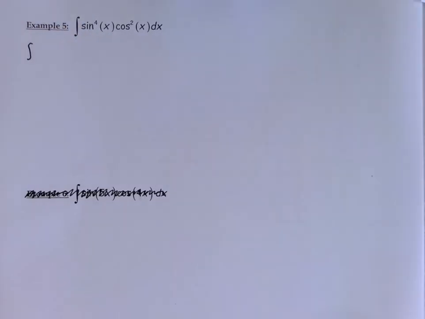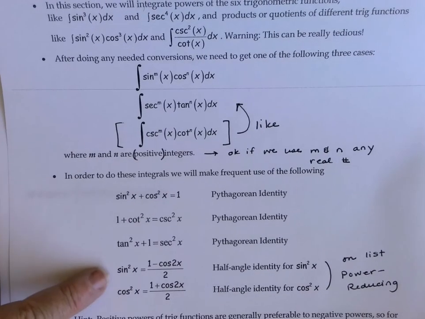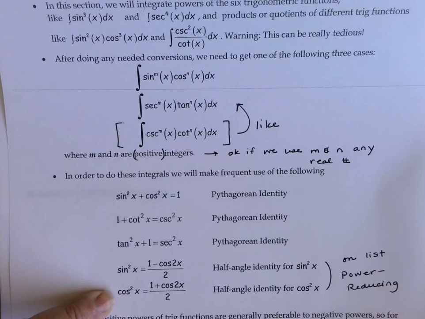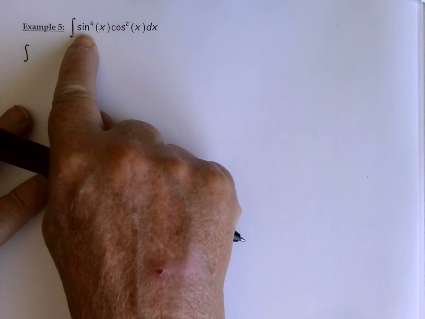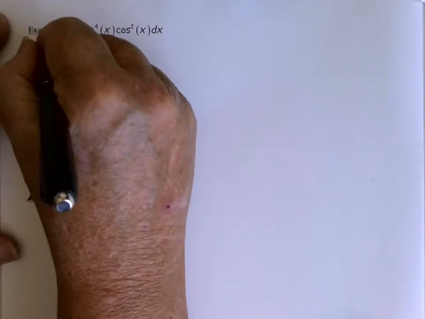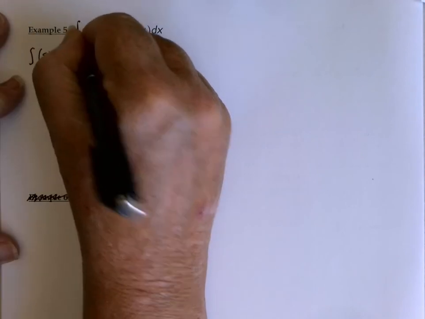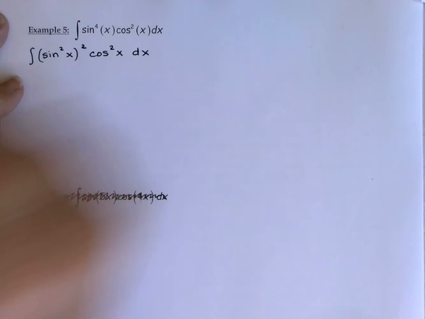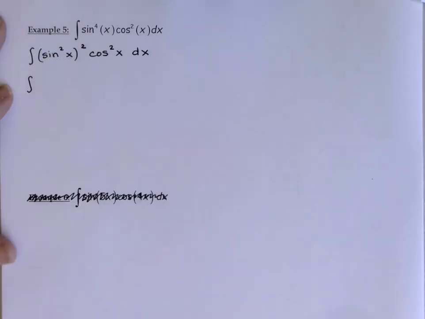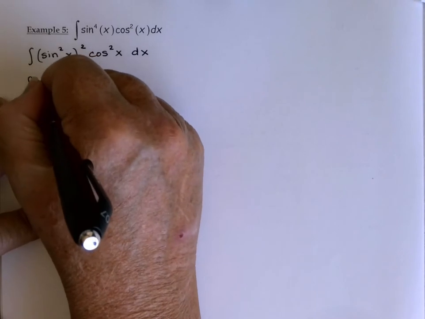First of all, when I think about those power reducing identities, they're for sine squared and cos squared. So my first goal is to get just sine squareds and cosine squareds. So I'm going to think of this as sine squared squared times cosine squared.